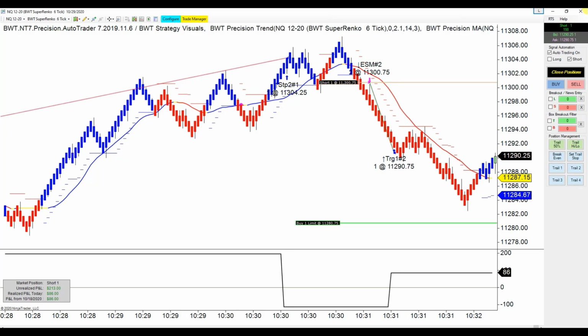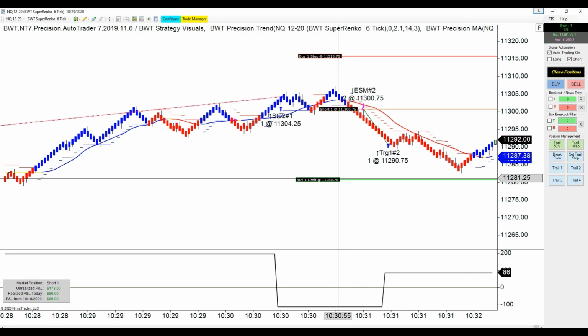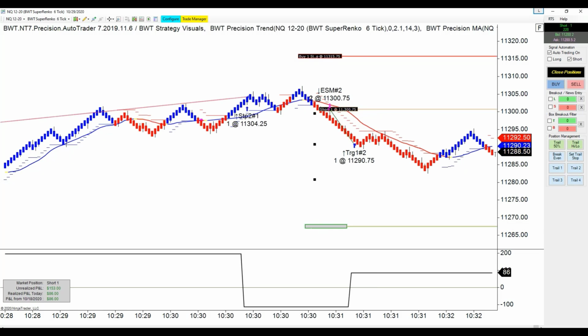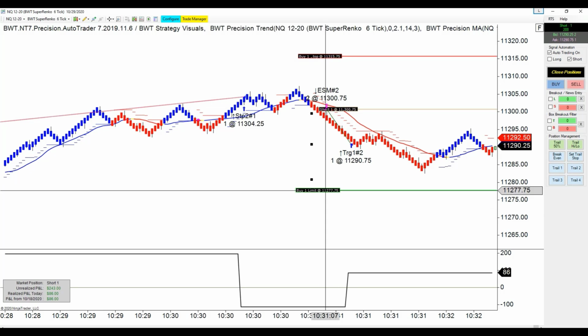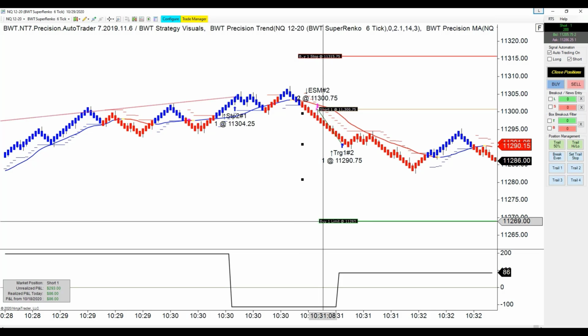Okay, so now that they tested 310 again, and failed, what I'm going to do is lower the second target so that my daily target would get hit on this retracement down.